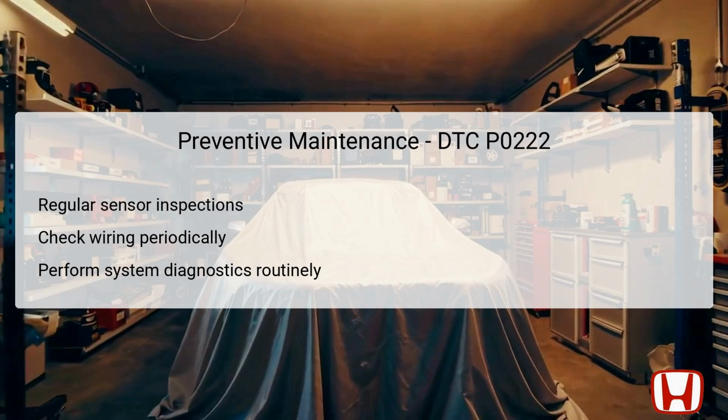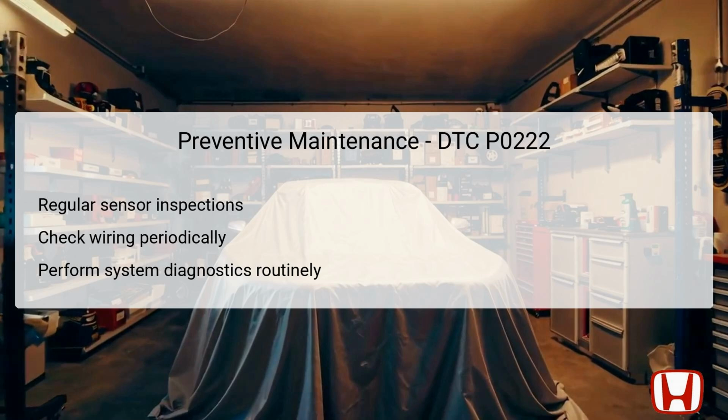Regular inspections of the throttle position sensors and associated wiring can help catch potential issues before they develop into more significant problems. It's advisable to perform routine diagnostics to check the functionality of the vehicle's various electronic components. This can ensure that they operate correctly, eliminating the chance of unexpected error codes.